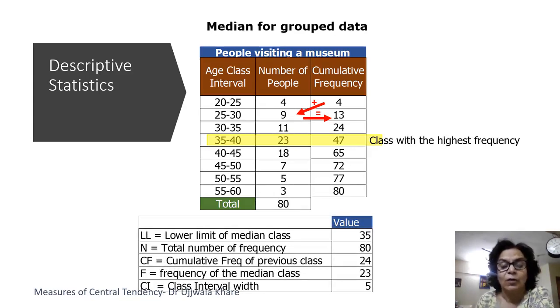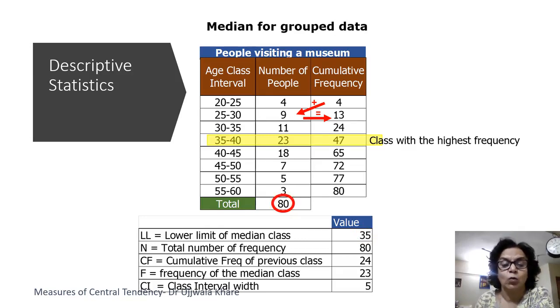Now we have to understand these terms. LL means lower limit of median class, that is between 35 and 40, the lower one is 35. N is the total number of the frequency, that is the summation of the number of people visiting the museum. CF is cumulative frequency of the previous class, and F is frequency of the median class, and CI is the class interval width. So you can see in this problem 35 is the lower limit of the median class, which is given here.